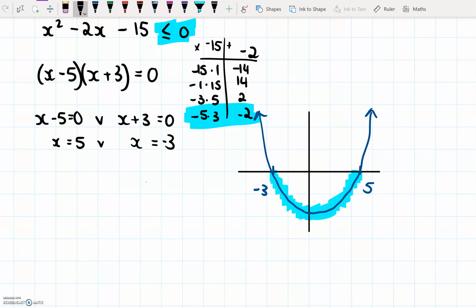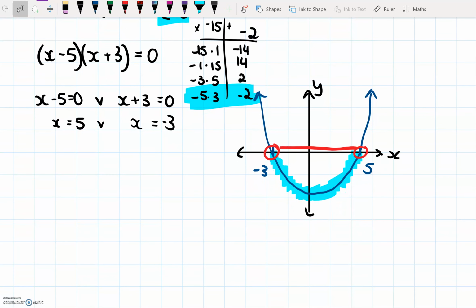Now this means we are looking at between minus 3 and 5, in between. Remember, all of this is part of your calculations. You must show all these steps. x and y. So you must show a sketch. This is considered part of your grading.